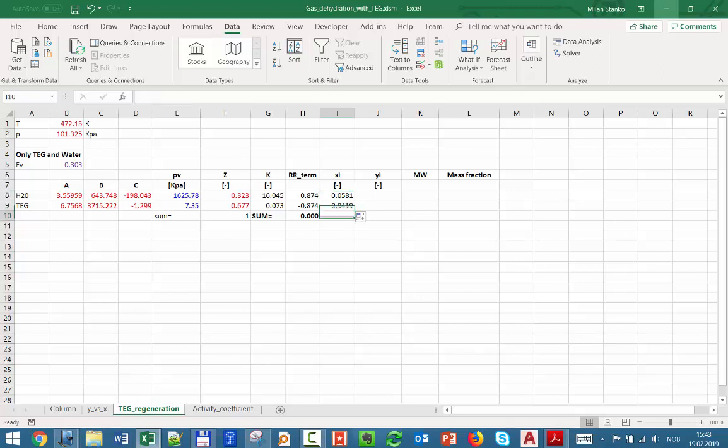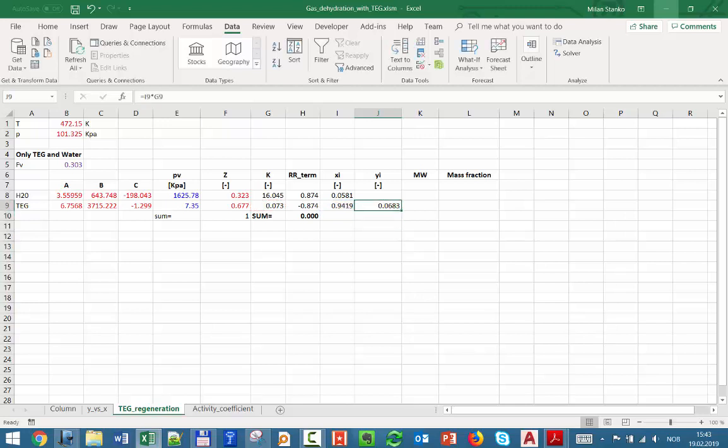Now you see that is the liquid, the resulting composition of the liquid. You see that liquid has 94% mole fraction of TEG and only 5% mole fraction of water. That's really what we want, that it will be very rich in TEG and have a little bit of water. And Y will be simply this value times the K.